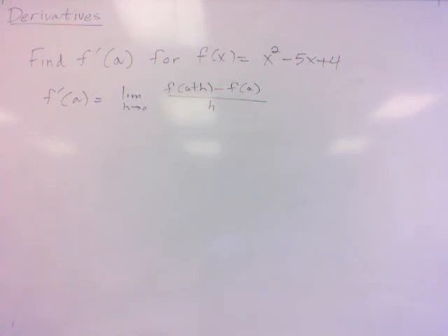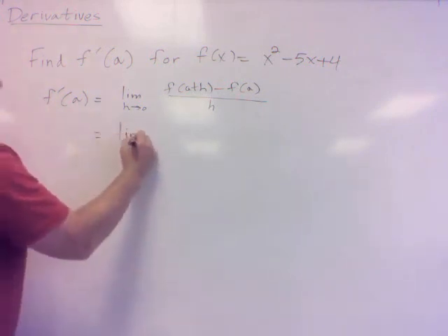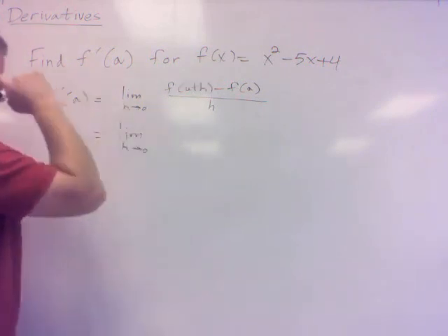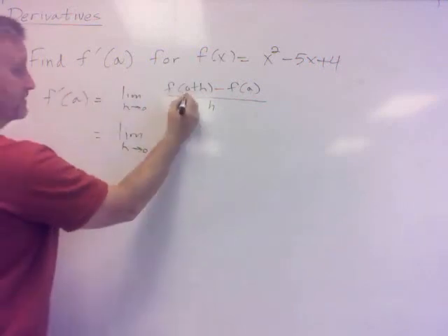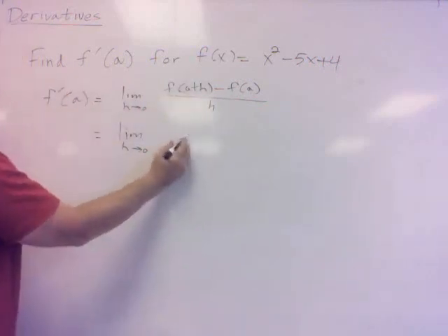What do I do with that? Well, very same thing we were doing not too long ago. What does this mean to do? Well, it means plug in. I don't have necessarily a value to plug in, so I'm just going to do f of a plus h. What is f of a plus h?